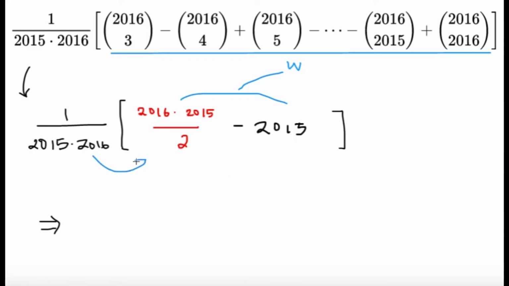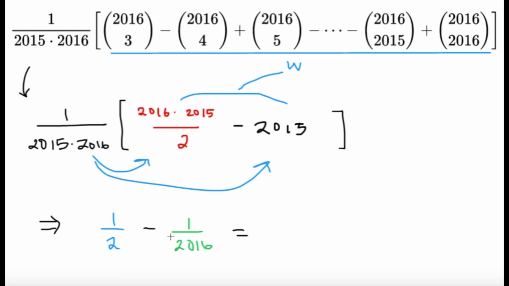Let's distribute this factor of 1 over 2015 times 2016. The first term becomes 1/2 because the 2015 times 2016 cancels. Then we're subtracting, well, the 2015s cancel in the second expression, so it's just going to become 1 over 2016. So that's 1/2 minus 1 over 2016.